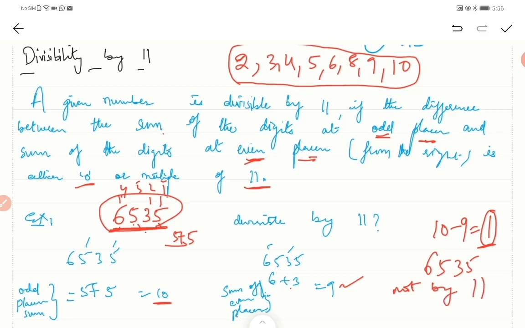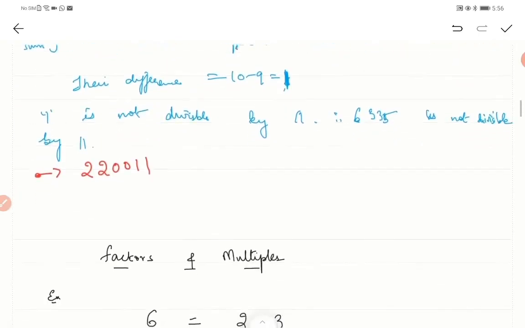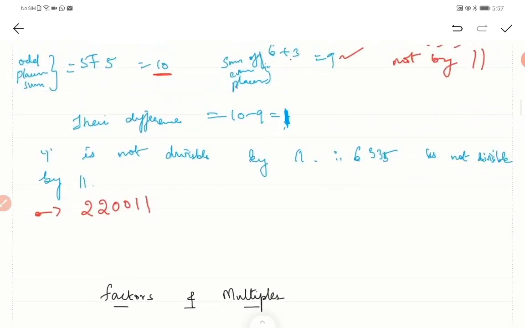Understood? Let me take one more example. What is the rule? I'll take this number, 220011. It's a big number. Let's check whether this is divisible by 11 or not.